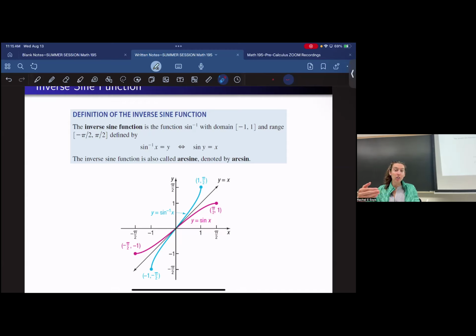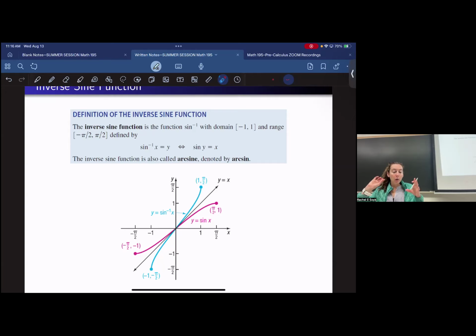AKA, we reflect across our line y equals x because our x and y values are switching. And so our original function is what we have in red over here. And so when we do that reflection over our line y equals x, we get our nice visual of our inverse sine function, which is in blue.